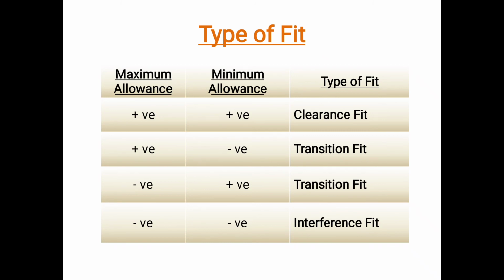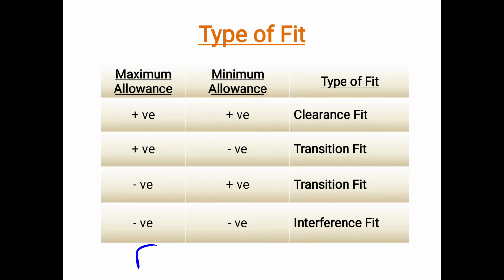Okay, now we have seen the types of fits. So this is the table we can use for finding out the fit in between the mating parts. For that you have to find out maximum allowance and minimum allowance. What is the formula for maximum allowance?